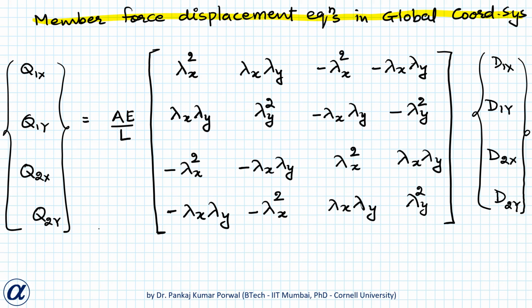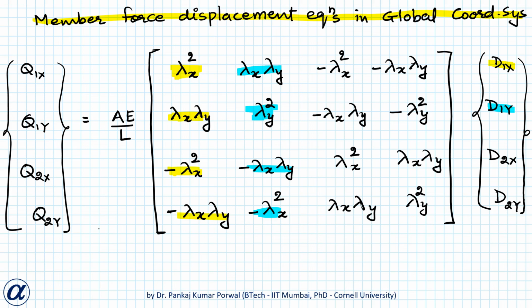Here note that each row and each column of the global member stiffness matrix corresponds to a particular degree of freedom. For example, if we look at all the entries in column 1 of this matrix, they all get multiplied with only d1x. If we look at the entries of column 2, they all get multiplied with d1y.